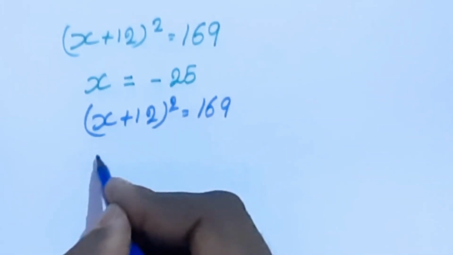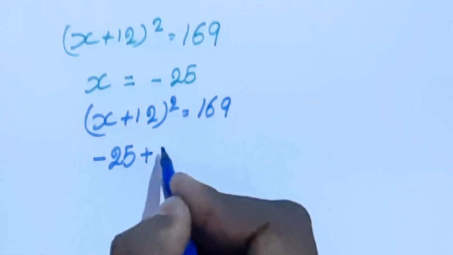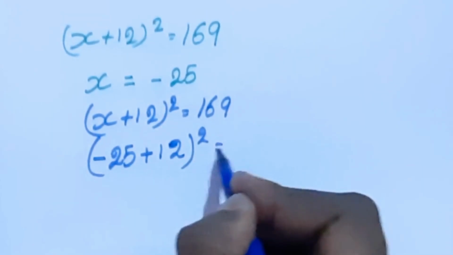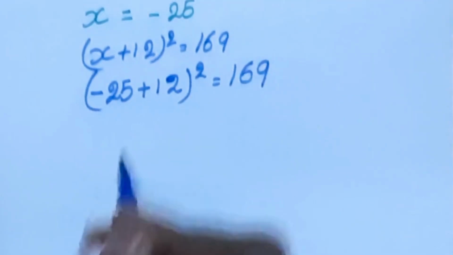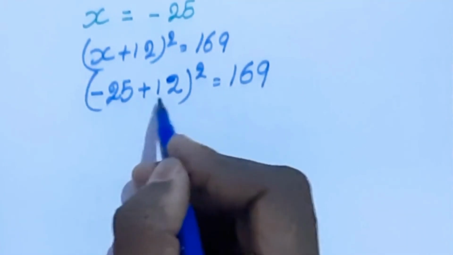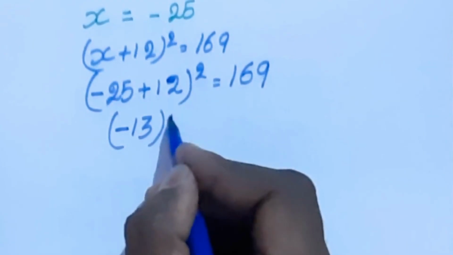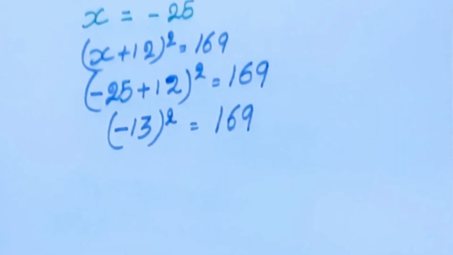Now this x is −25, so (−25 + 12)² = 169. Now −25 + 12 is −13, so (−13)² = 169.